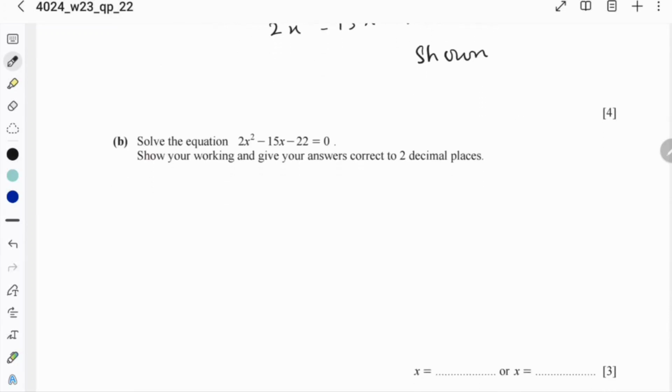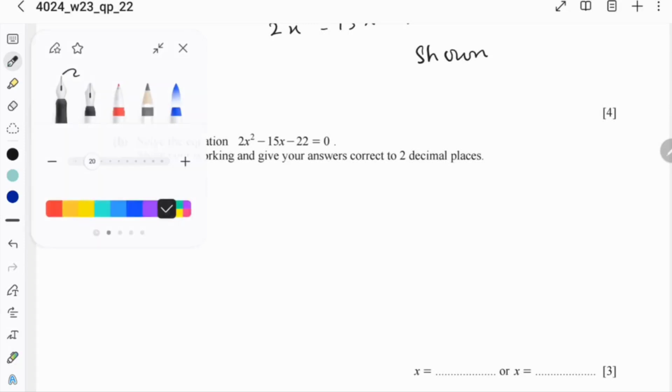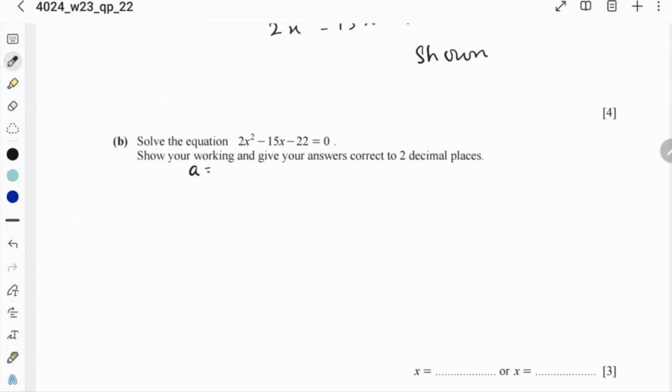Now solve the equation 2x square minus 15x minus 22 equals 0 and show your working. Give your answer correct to 2 decimal places. This is a 5 marks question. So we know that we'll have to use the quadratic formula. A is 2, B is minus 15 and C is minus 22. X equals minus B plus minus square root of B square minus 4AC upon 2A.